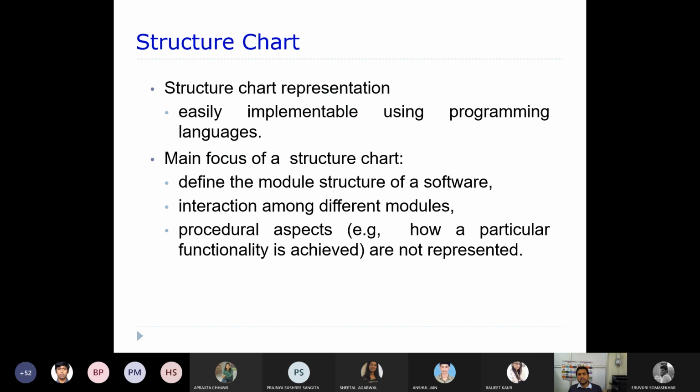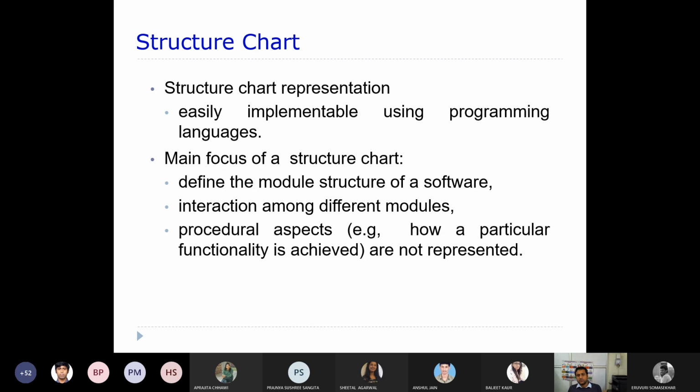Now the structure chart representation, which is the output of this structure design, will be easily implementable using some programming language.